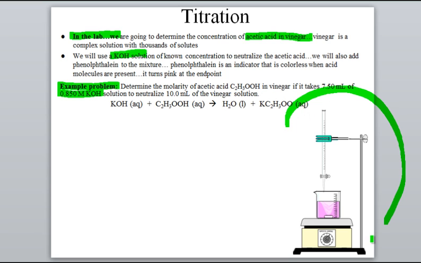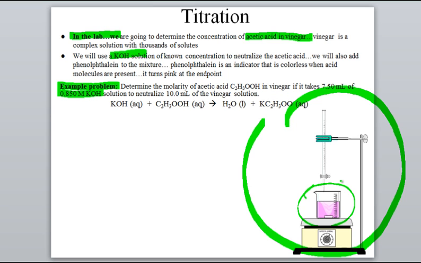Here's our experimental setup. When we do this, in our beaker, we're going to add 10 milliliters of vinegar. We're also going to add phenolphthalein. That phenolphthalein will be colorless as long as there are any acetic acid molecules in there. When we reach the end point, it's going to turn pink.